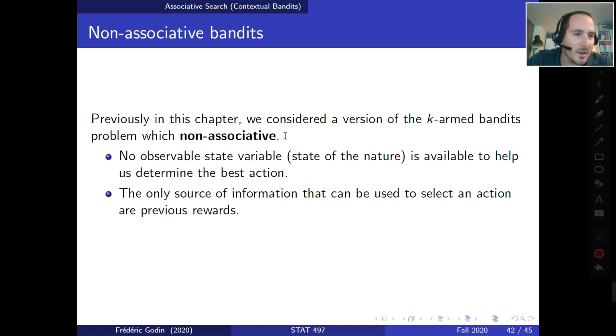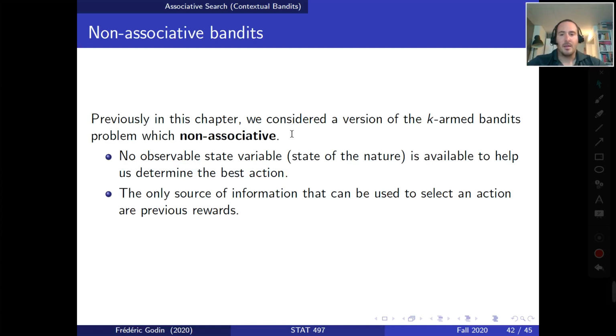So to try to determine what the best action is, there's no observable state variable in that case. Okay, so there's no other information to help you determine the best action than previously obtained rewards. Previously obtained rewards is the only source of information to try to forecast the value of all actions in that case.